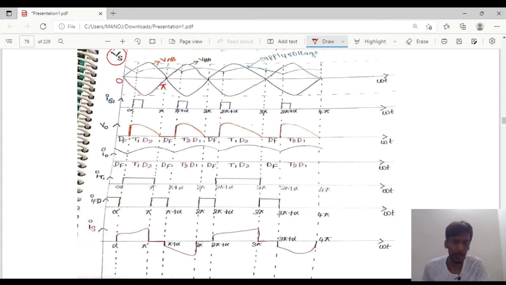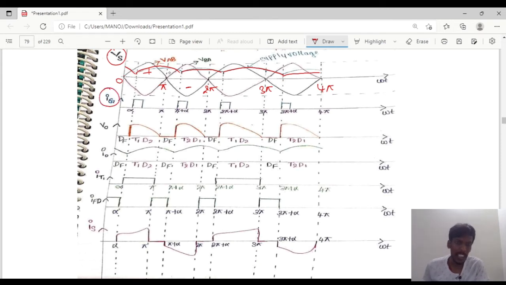From 0 to pi it has a positive half cycle, and from pi to 2 pi it has a negative half cycle. The same is repeated at 3 pi and 4 pi. This is the source voltage, the supply voltage waveform, and VAB and VBA will change.